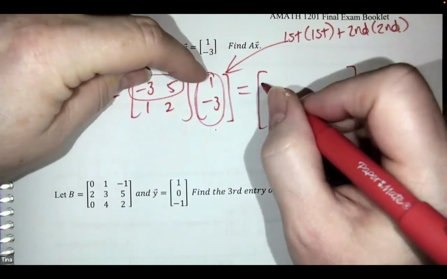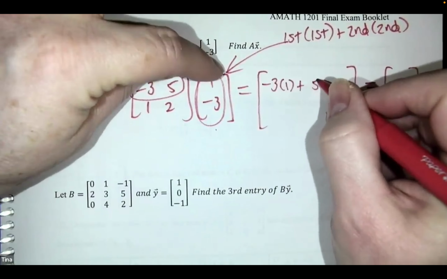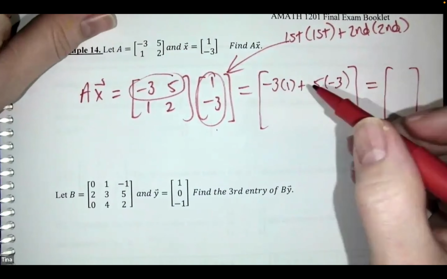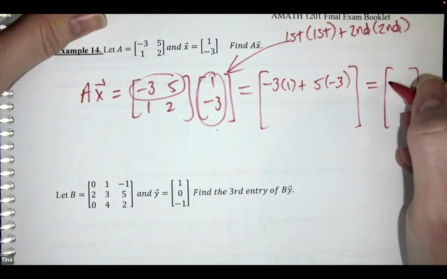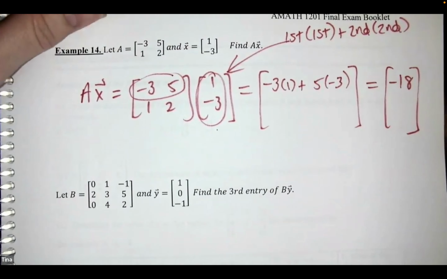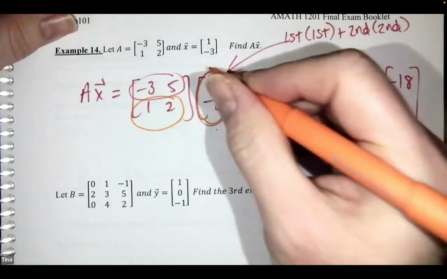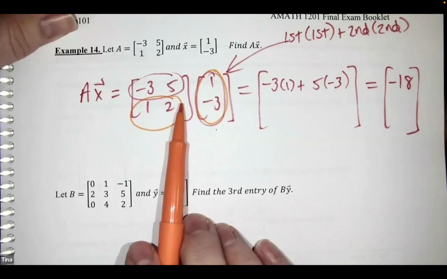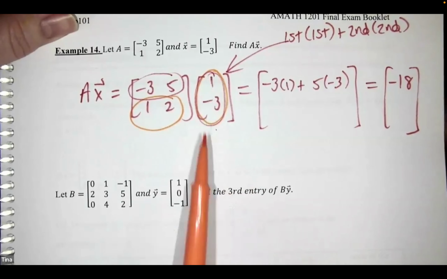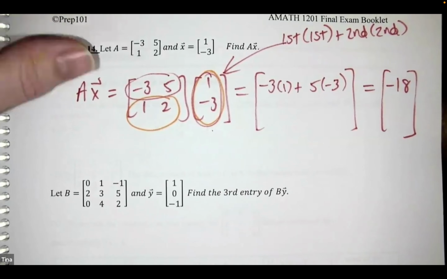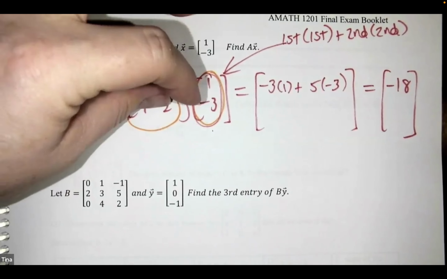So negative 3 times 1 plus 5 times negative 3. So negative 3 plus negative 15 is negative 18. Okay, what would your bottom row give you? If you do the bottom row of A and then times by this vector x. Again, first times first plus second times second.